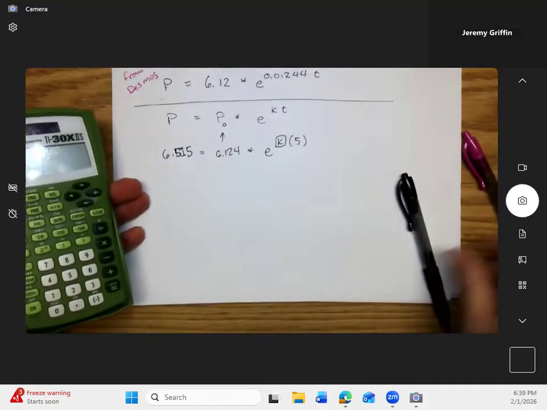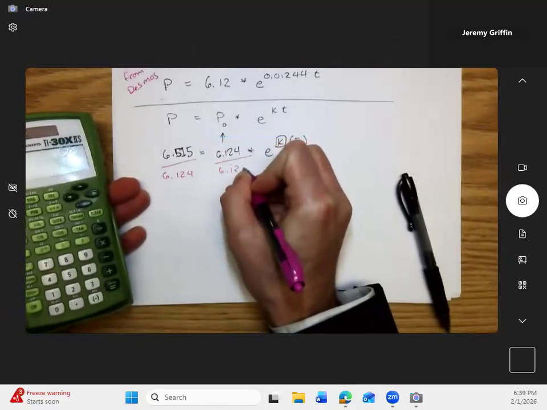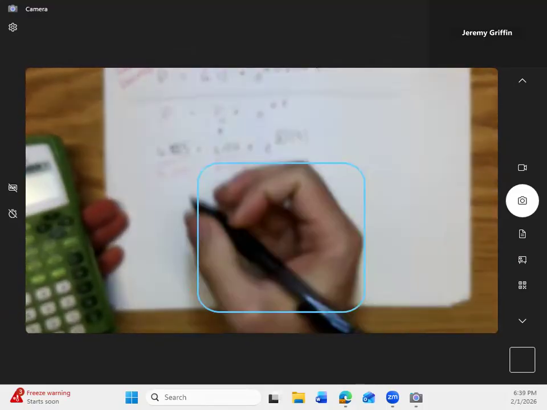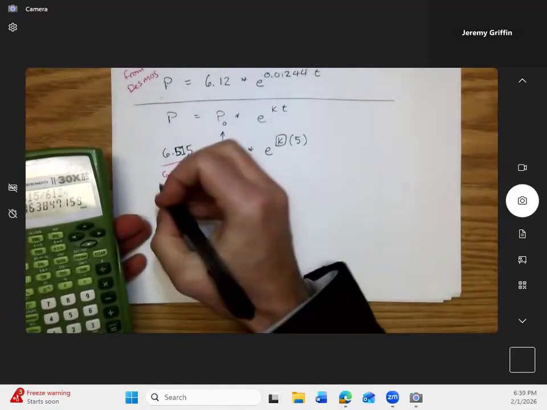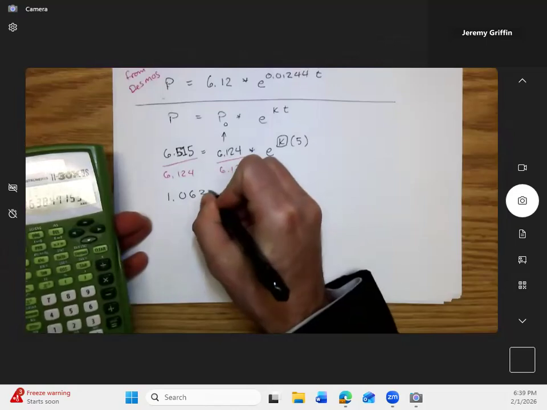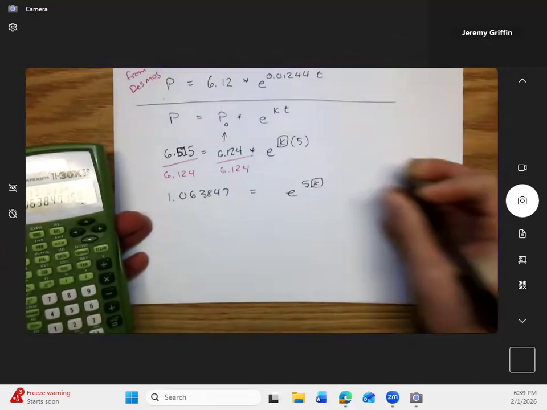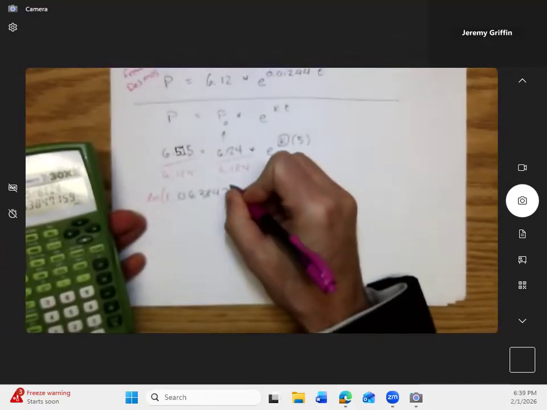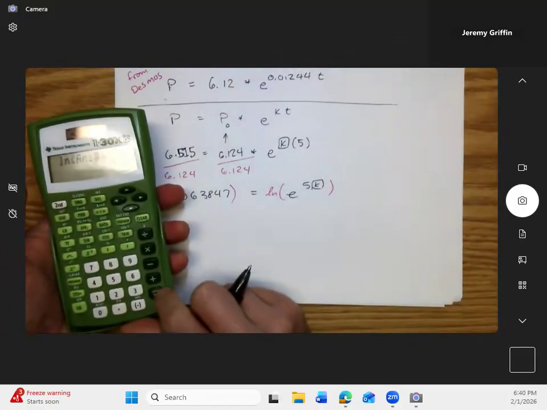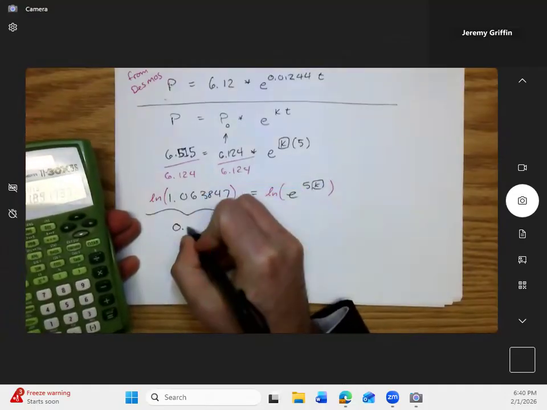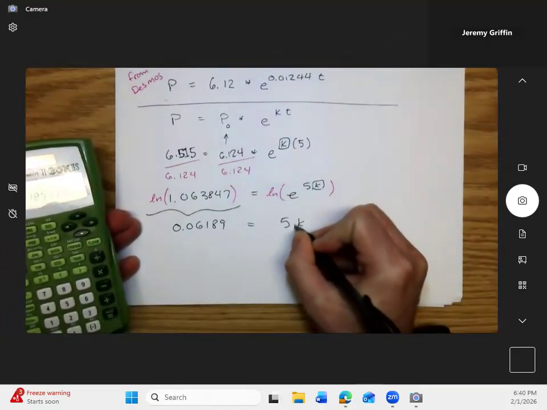So divide both sides by 6.124, and take it one step at a time. 6.515 over 6.124 gives 1.0638847 equals e to the 5k. Take the natural log of each side. The natural log answer is 0.06189 equals 5k.